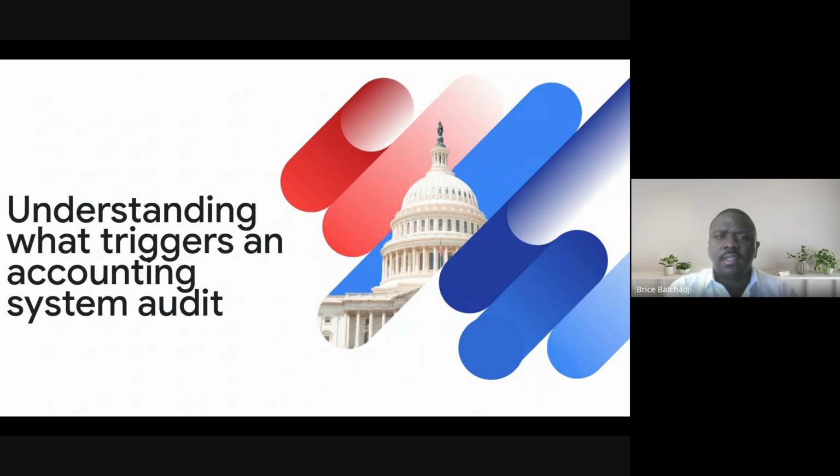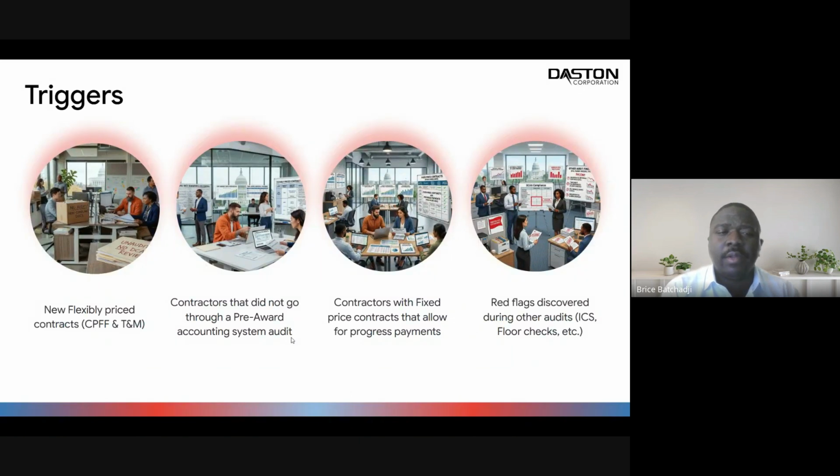So as reflected on the next slide here, there are a couple of different things that do trigger an accounting system audit, right? Number one is really just anytime a company is new to flexibly priced contracts, meaning at times you could be doing government contracting work, but you're really operating in a fixed price environment.